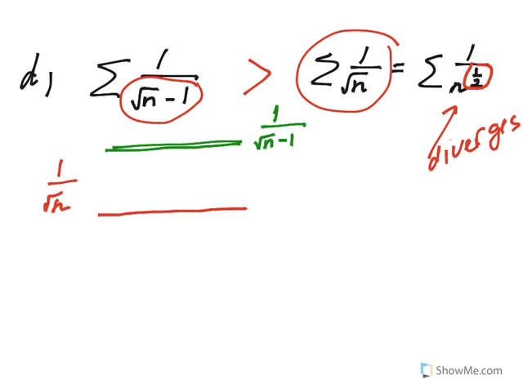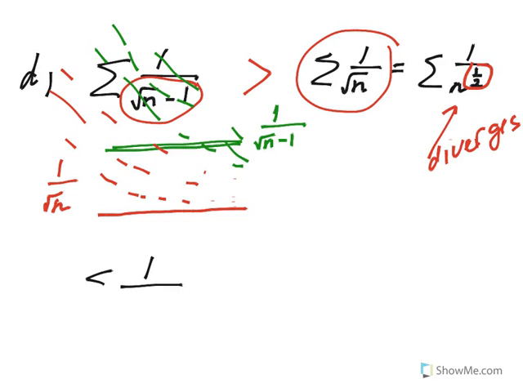Now we know that the red one diverges, so it's moving towards infinity, and it pushes the green one as well. So that means the green one also diverges. So our conclusion is 1 over square root of n minus 1 also diverges.